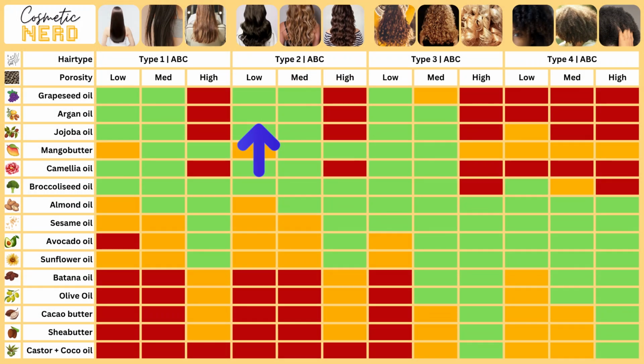So if you have determined your hair porosity and hair type as initially suggested, you can use this chart to pick the right hair oil for your hair. Green means wonderful match, good choice. Red means avoid these oils because they are rather too light or too heavy. Orange means not ideal but can work great in some cases.